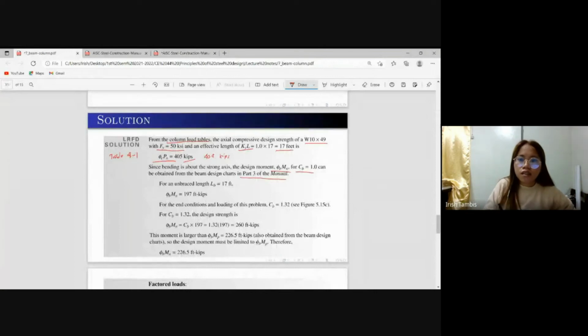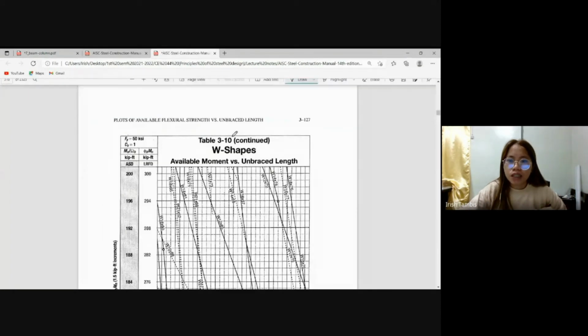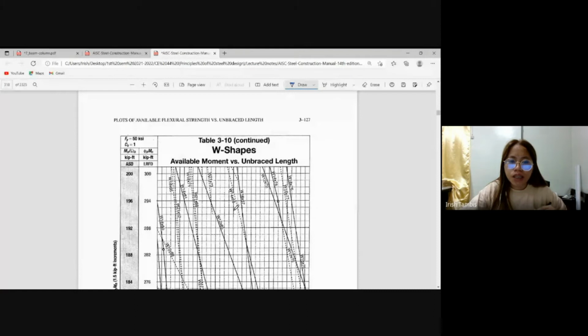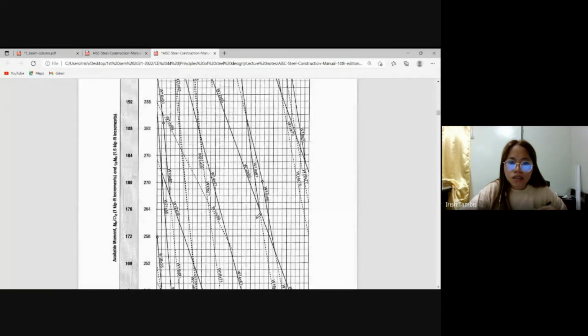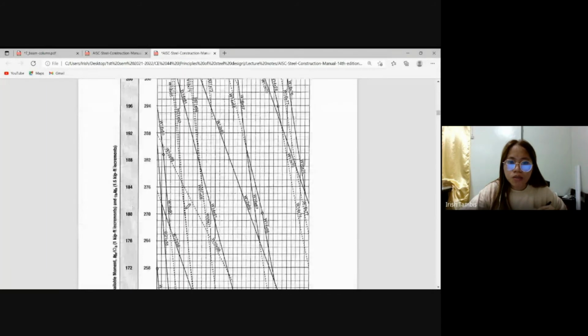This one is from table, makita siya sa table 3-10. So, tanaw na to kung 17 bagid siya, kasi sa B, okay, W10 by 49. That is W18. This is W10.